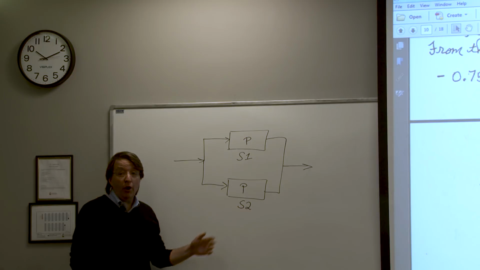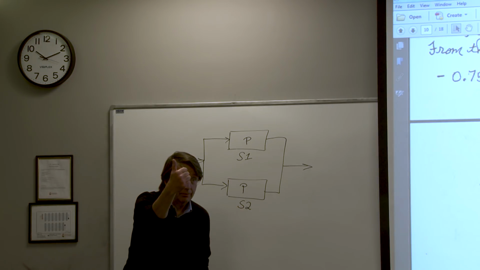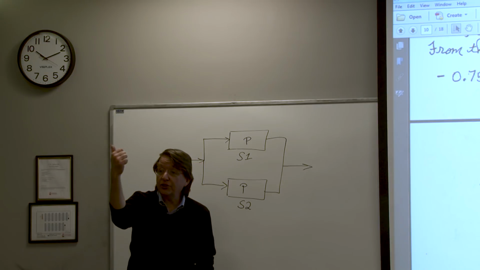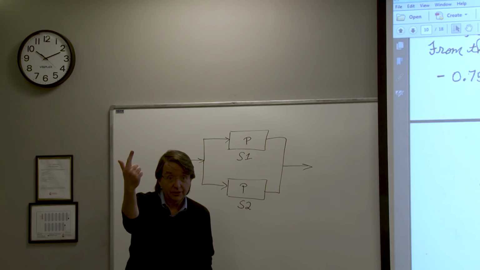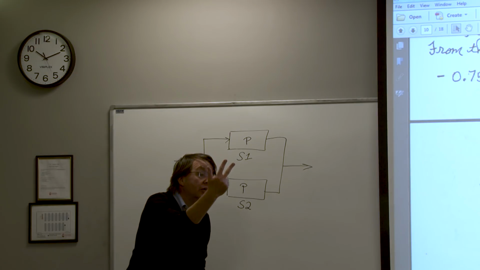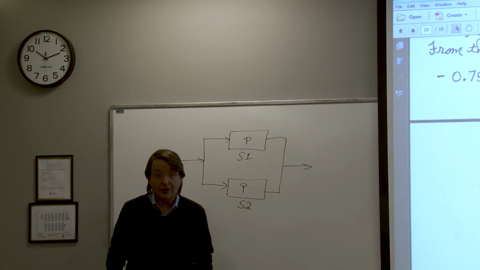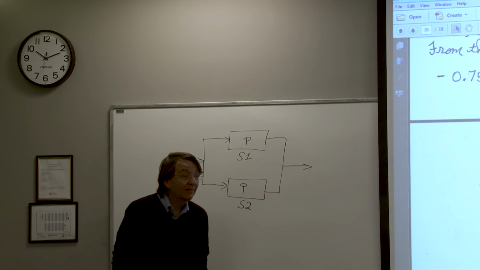When will this system work? When sensors 1 and sensor 2 work. When sensor 1 works and sensor 2 doesn't. When sensor 2 works and sensor 1 doesn't. That's 3 different cases. You could figure it out and add them up. Don't do that because I might give you 5 sensors. If I give you 5 sensors, I'm going to drive you crazy.